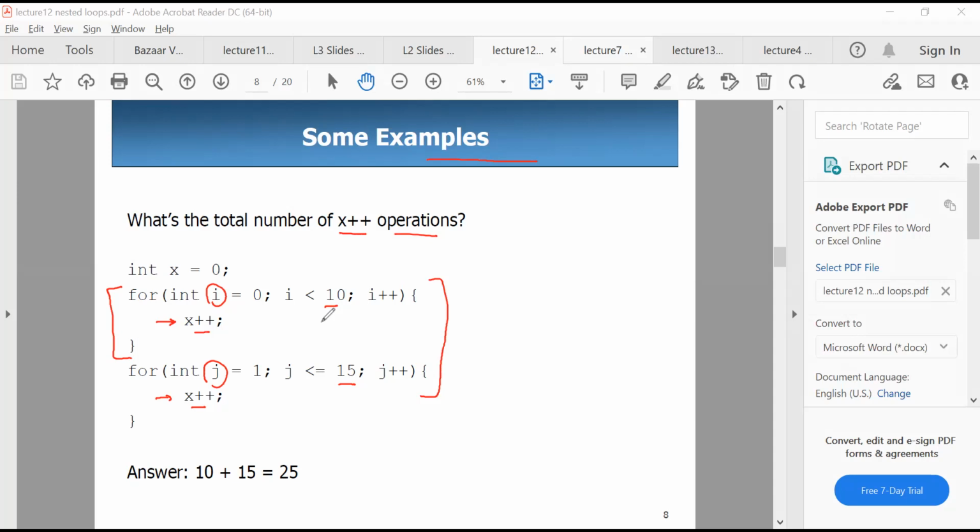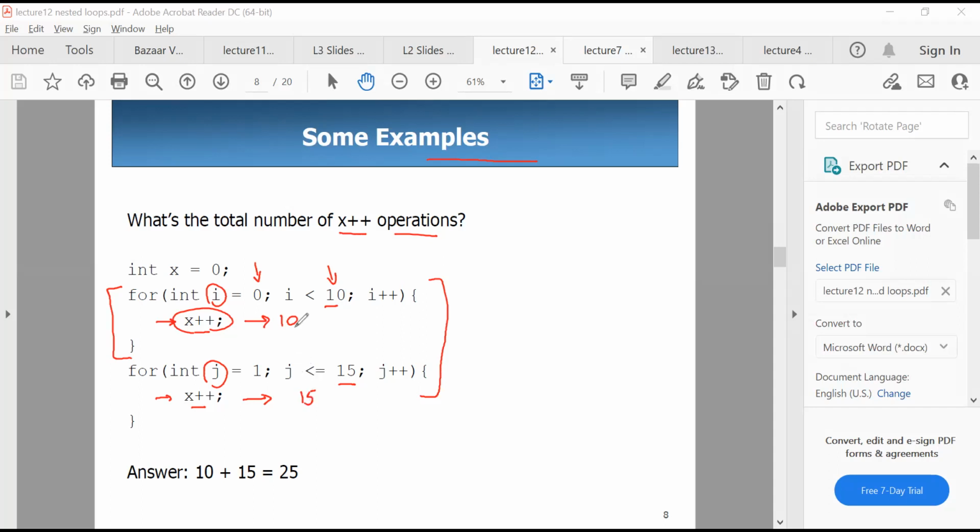First of all, in this for loop, how many times are we going to execute, since we run from i equals 0 until i is less than 10? 10 times. So this line will execute 10 times. From j equals 1 to j less than 15, how many times will this x plus plus execute? 15.